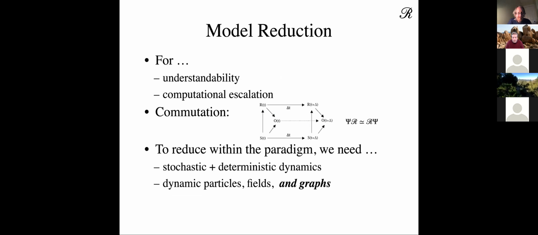And in order to do that, you can have different kinds of mathematical models in biology. Dynamical particles, dynamical fields, such as stress continuum models, and I'll argue dynamical graphs.